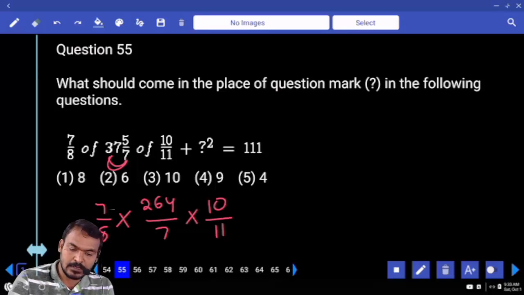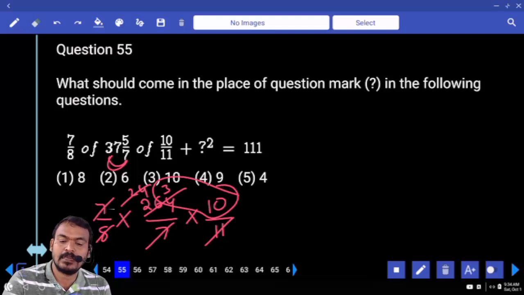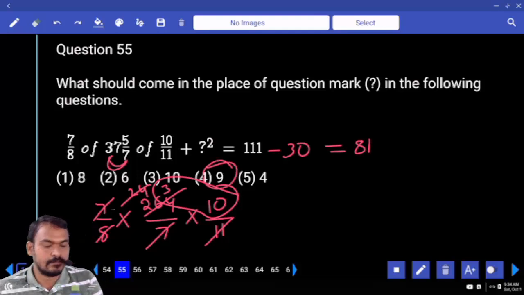Okay. First 7 7 get cancelled. 11 how many times? 2 times. Again 4 times. 8 almost 3 times. 3 into 10, 30. Plus 30 becomes minus 30. 111 minus 30, 81. It is square of 9.